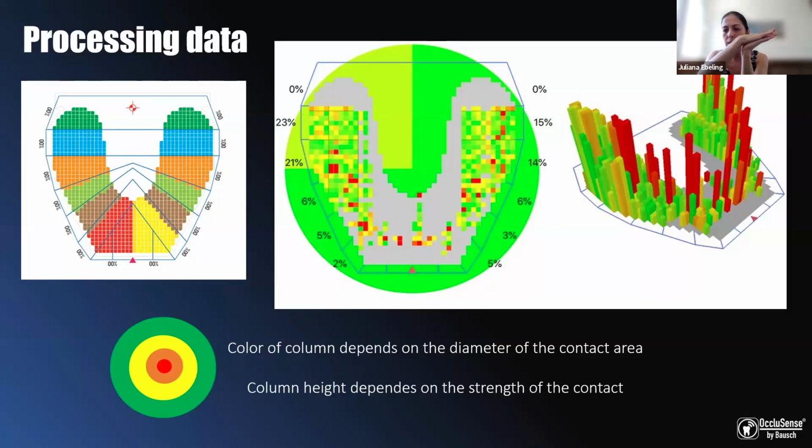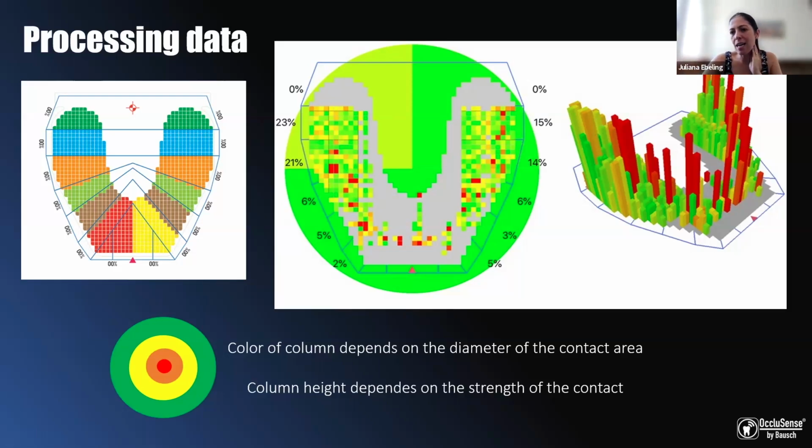If I press with more force, I interrupt these electrons. So the system interprets this interruption as a high level, high intensity of this contact.